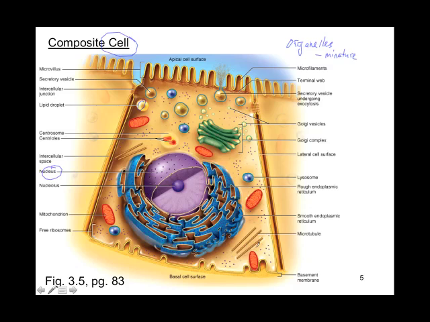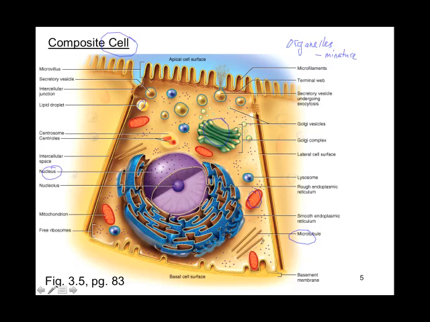We have what we call a cytoskeleton, which really keeps that cell's shape. Those include microtubules and microfilaments, which I'm not sure are on here. And then we have various organelles which may be membrane bound or not. The Golgi complex is actually a series of membranes. The endoplasmic reticulum, both the rough and the smooth, are membrane bound.